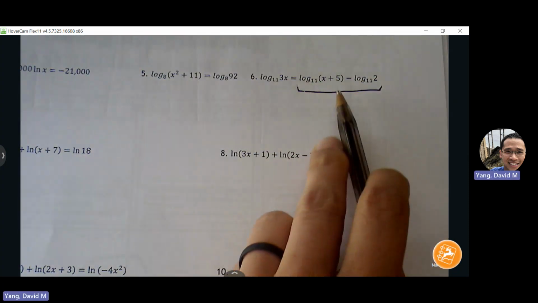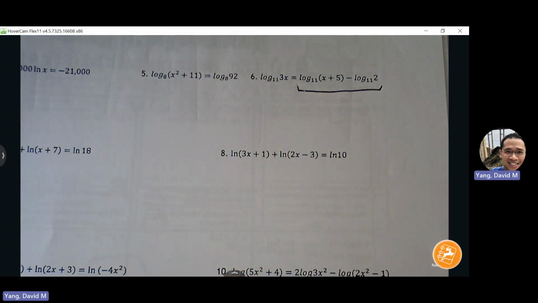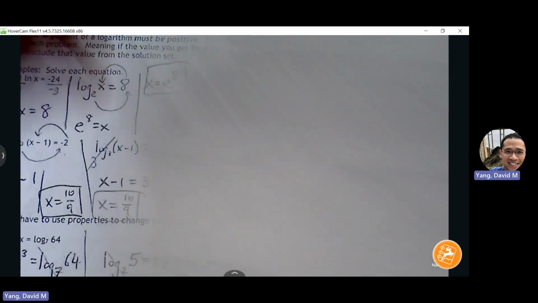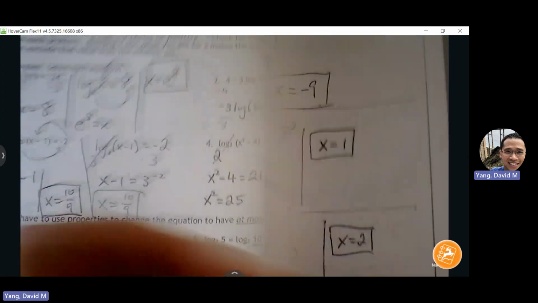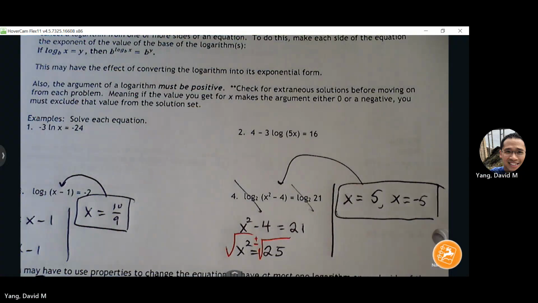So we see log of A minus log of B. So I can do log of A over B. Once I apply that property, I should be able to drop the log components and just solve for x.